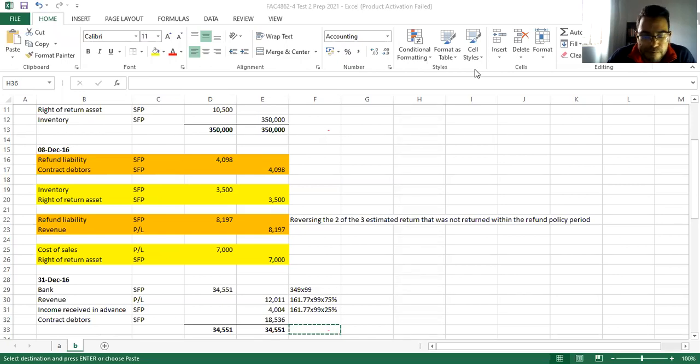In terms of the cost of sales, it was the right of return of assets. Actually taking account of that. And then in terms of the interest, I actually totally forgot about the significant financing component. Yeah. Most people are going to forget about it. So now you know that you forgot about it.